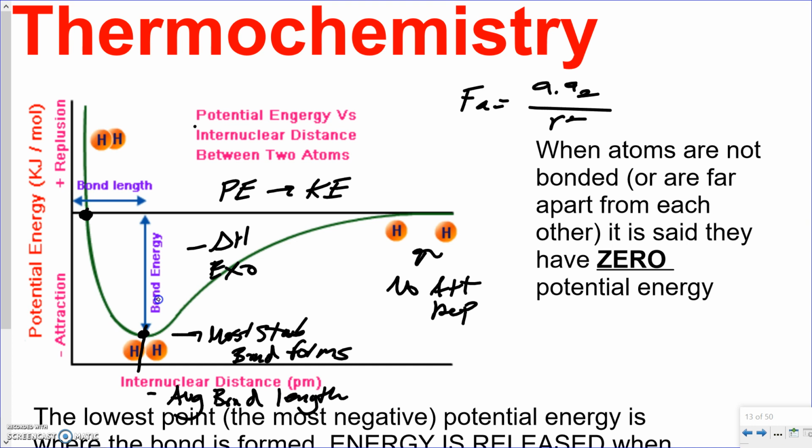We'll come back and talk about that in a little bit. But what we need to recognize is that bonds forming release potential energy, turning it into kinetic energy. Bonds breaking, we have to put that energy in to get them separated, and therefore endothermic. And that's kind of where we are right now.